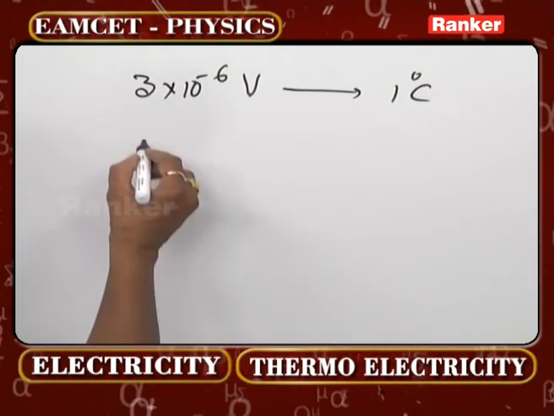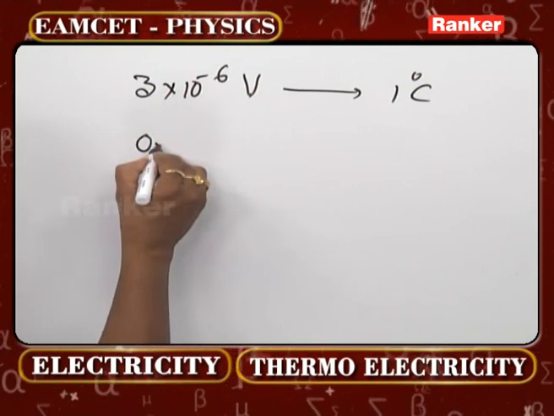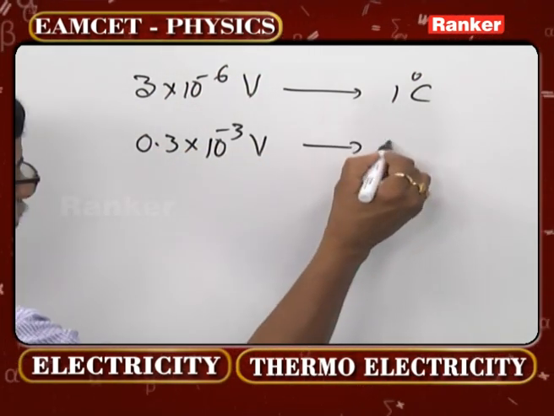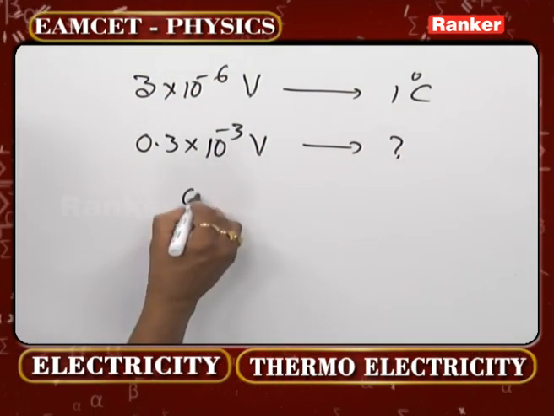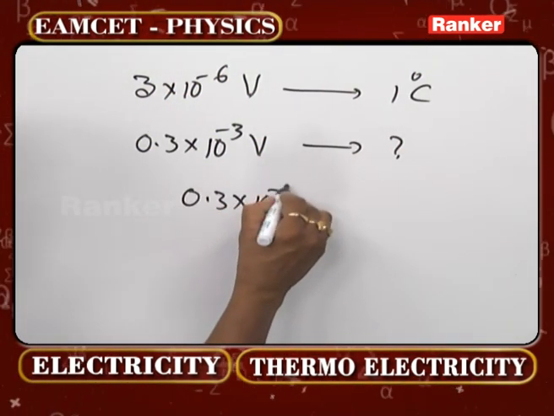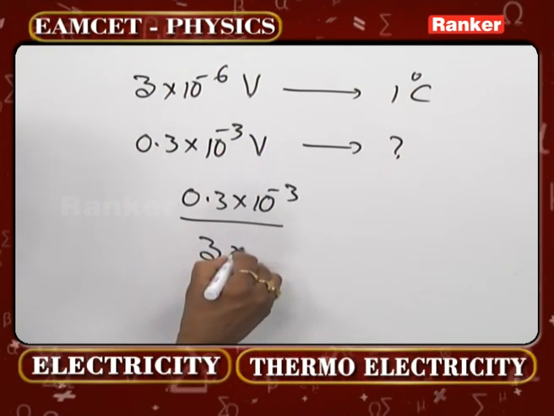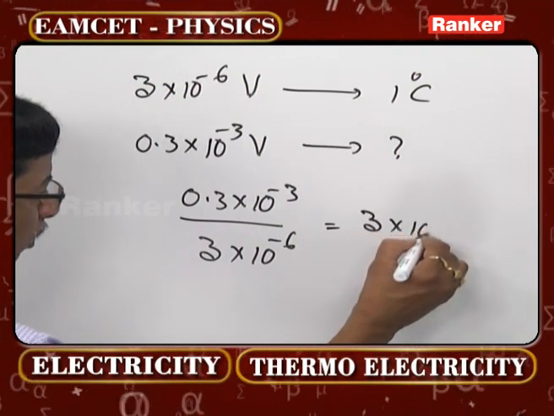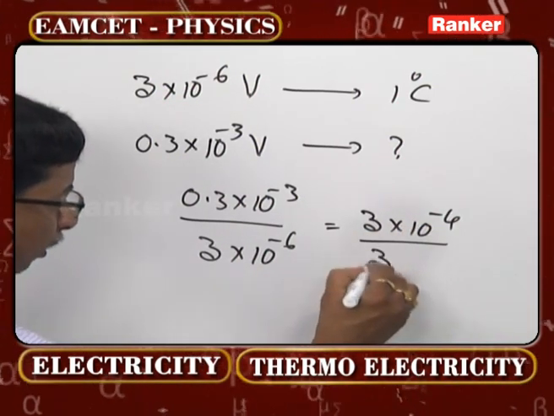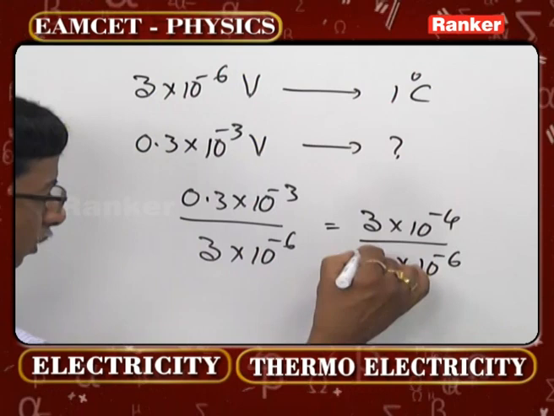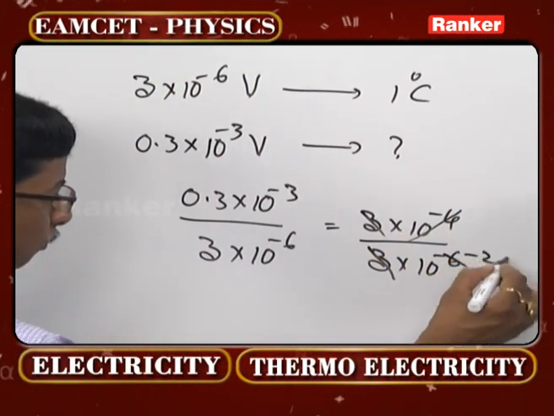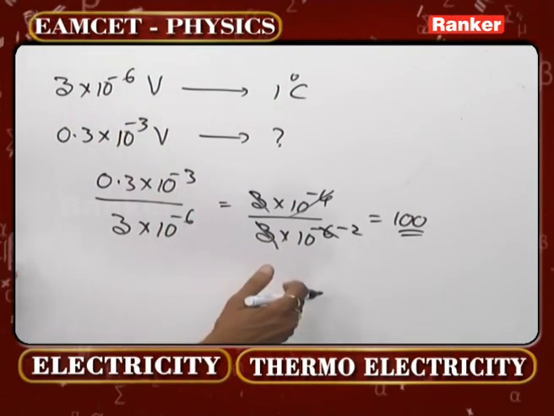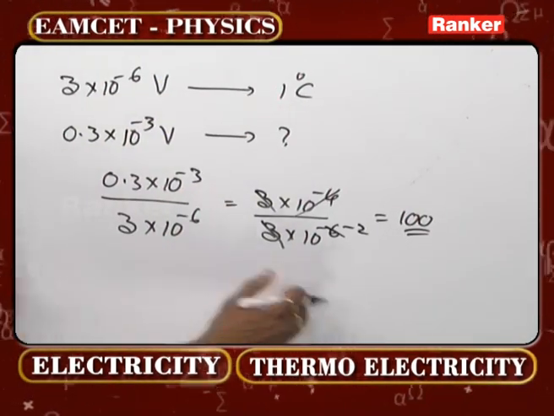Then we can write 0.3 into 10 power minus 3 by 3 into 10 power minus 6. This in other words is 3 into 10 power minus 4 by 3 into 10 power minus 6. Cut this one over here. This one minus 2 times.